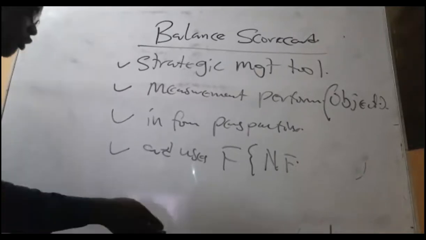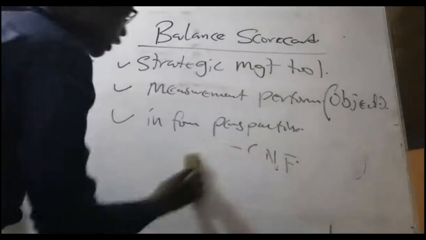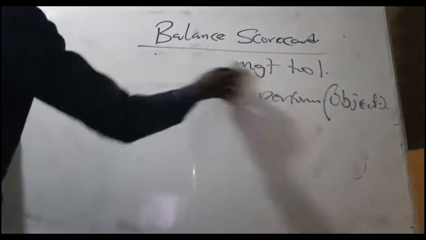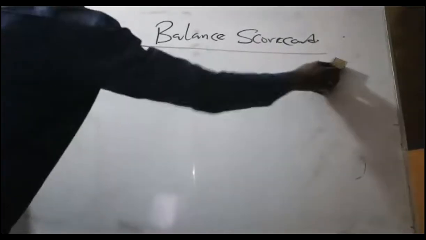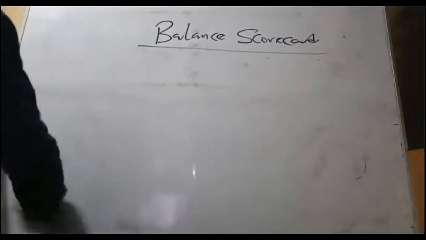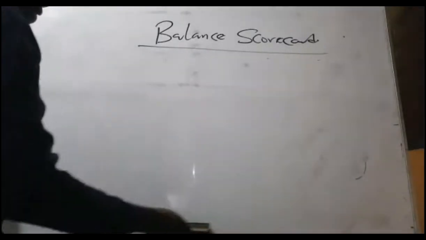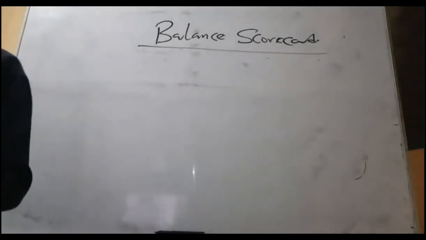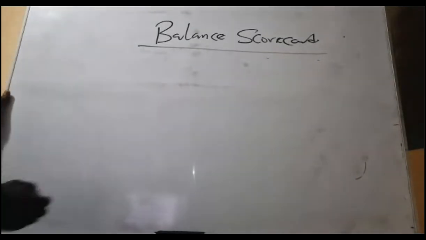Now, it was given to us by Kaplan and Norton. They argue that management, when setting objectives, must set objectives for the four perspectives and also use that to measure the performance.